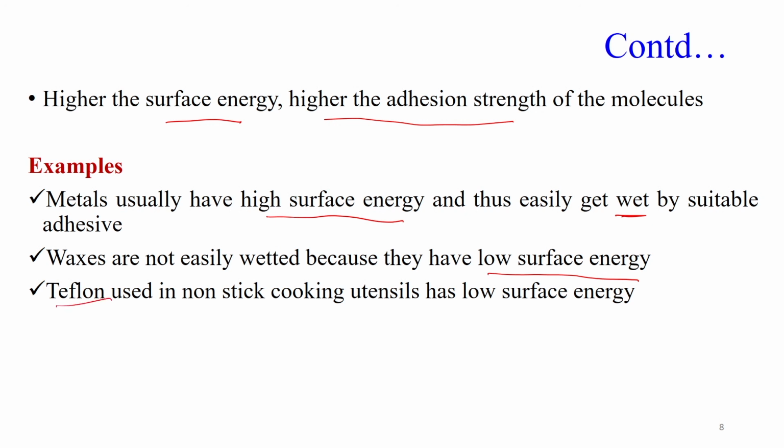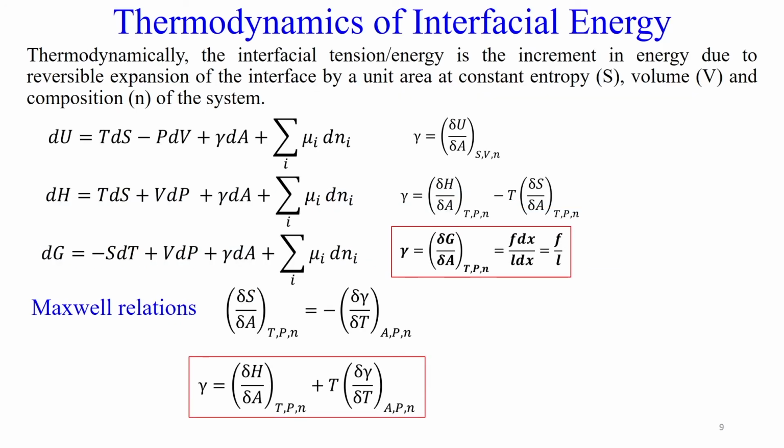Also, Teflon has low surface energy, that is why it is not wetted, and we usually see it applied in non-stick cooking utensils. These are a few examples which we see applied on a regular basis, but as I said, higher surface energy means higher adhesion strength of the molecules.